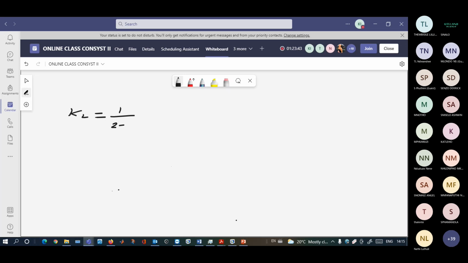Over (2 minus 1) factorial, because I is equal to 2. Limit of what? Minus 4. Then we can open.